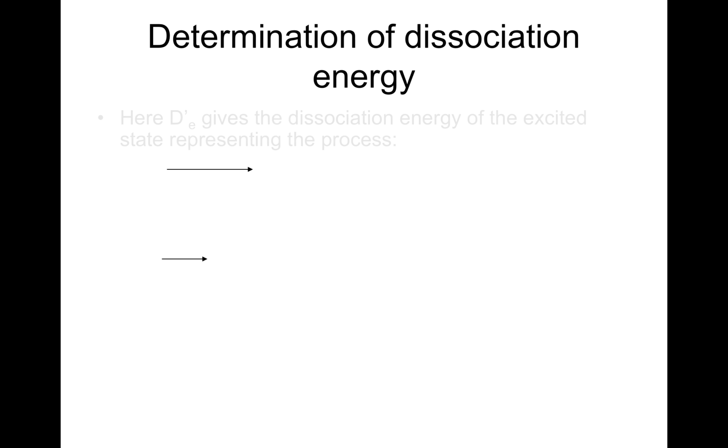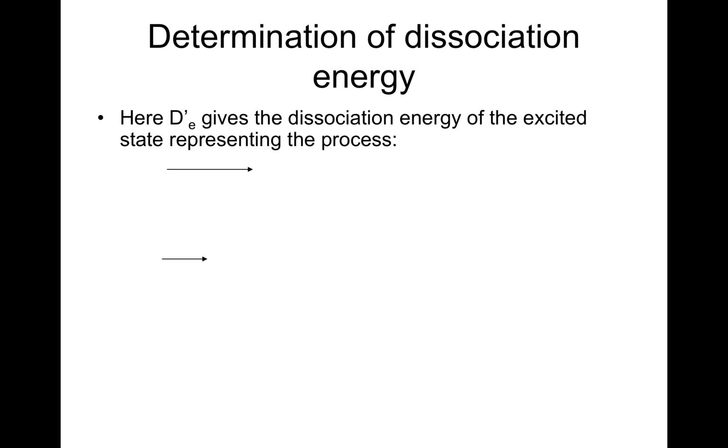Determination of dissociation energy. Here D prime E gives the dissociation energy of the excited state, representing the process AB going to A plus B star.